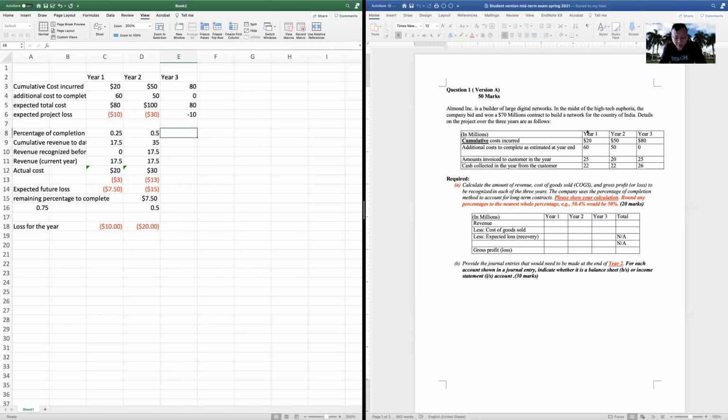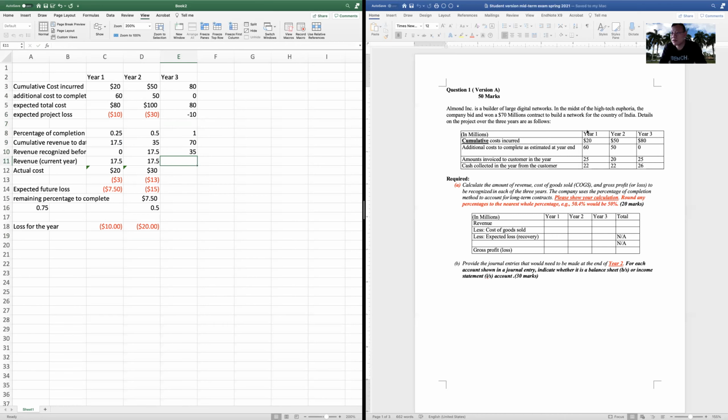Completion, that's 100% completed last year. Cumulative revenue to date. So you should recognize the full amount of revenue, 70, right? Revenue recognized before, okay, that's going to be 35, okay, 35. D9.